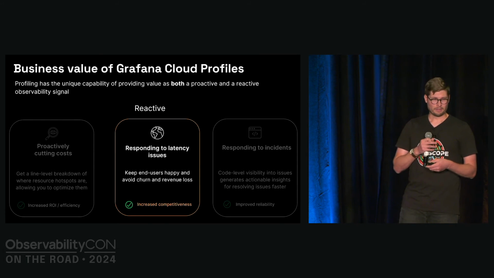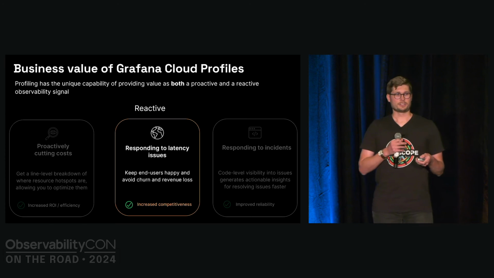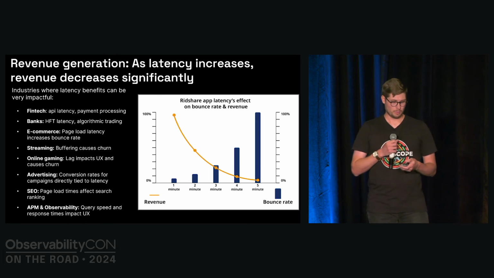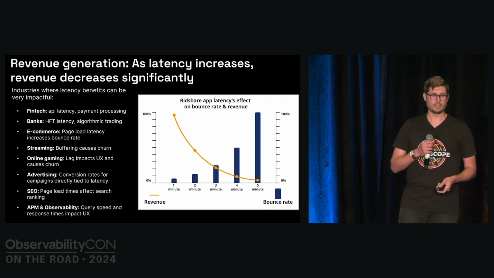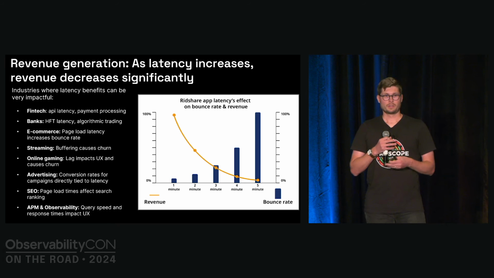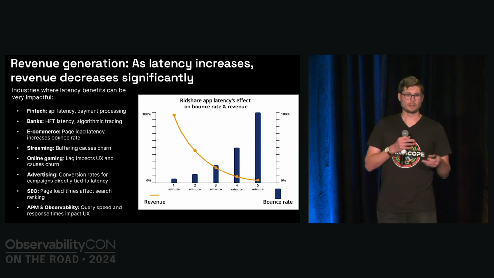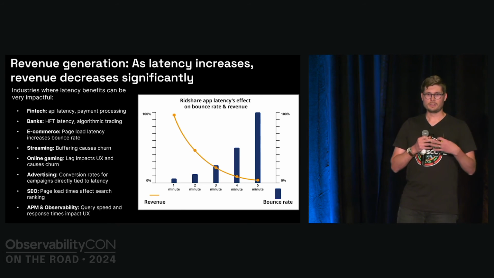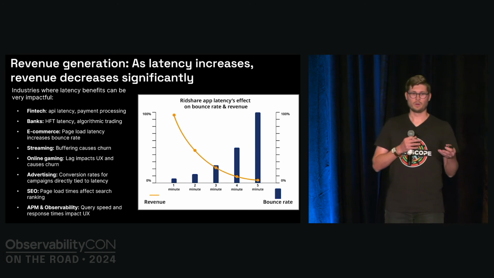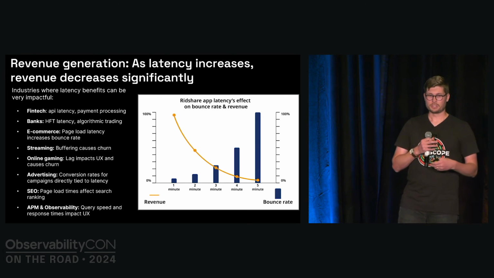So circling back to the value of profiling, there's this reactive component to profiling value. We want to take latency issues seriously, and we want to be able to respond to these latency issues quickly. Broadly across many industries, revenue is inversely proportional to latency. So as we see latency go up, revenue will go down. And this is true for e-commerce.